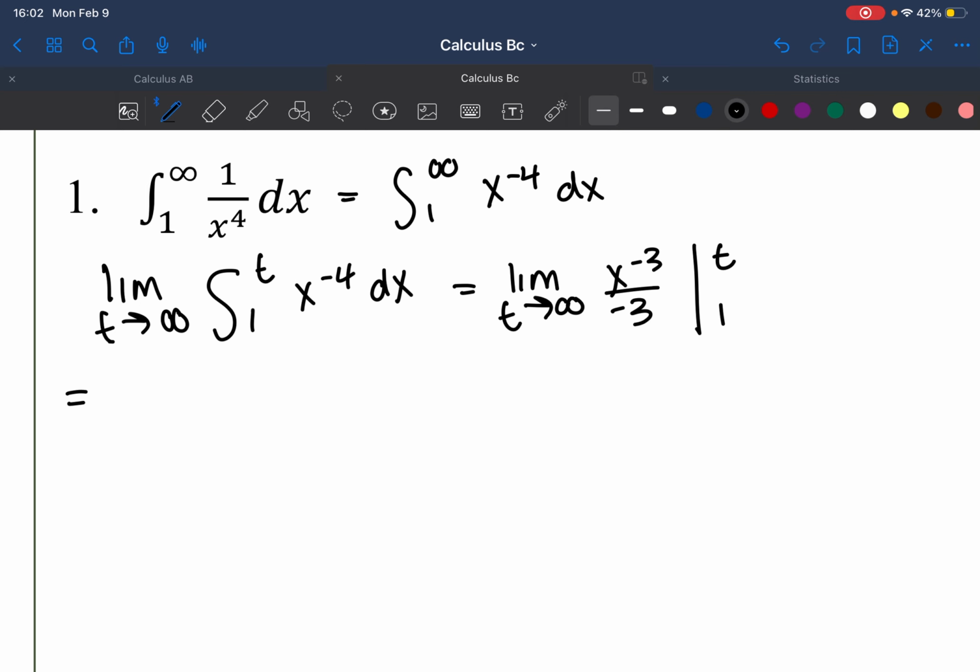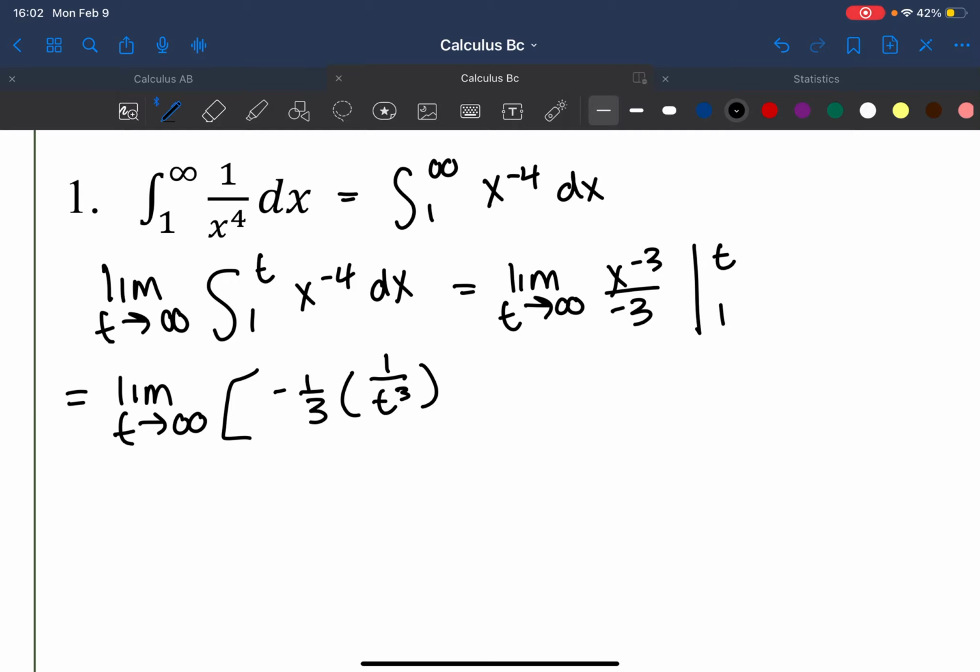Well, this is equal to the limit as t approaches infinity of, let's see, we have -1/3 times 1 over t cubed minus another -1/3 times 1 over 1.